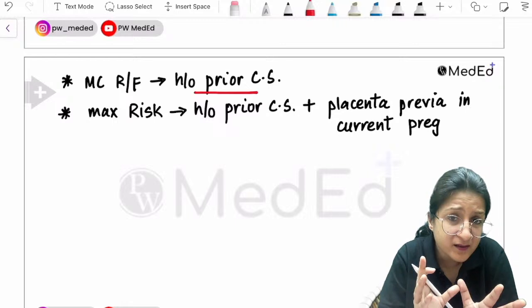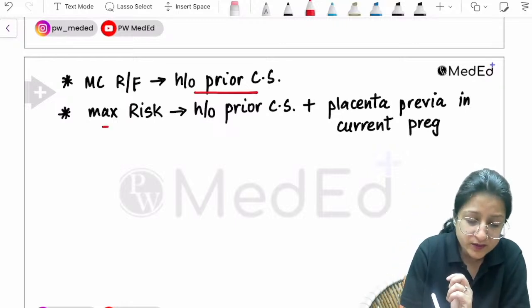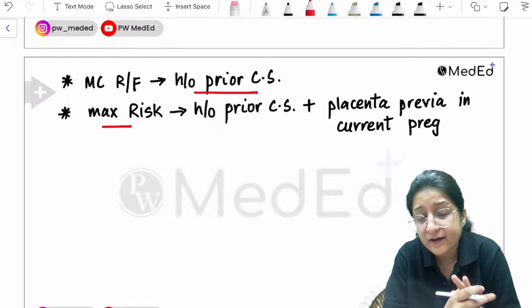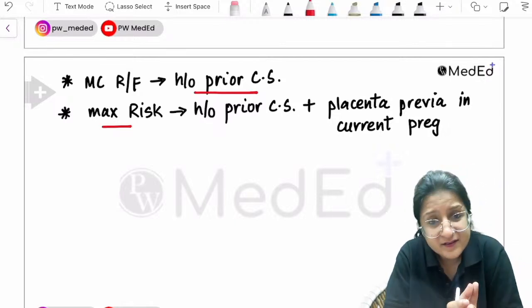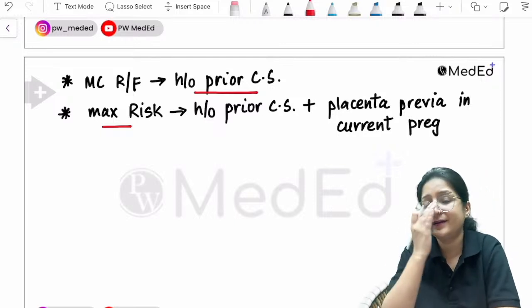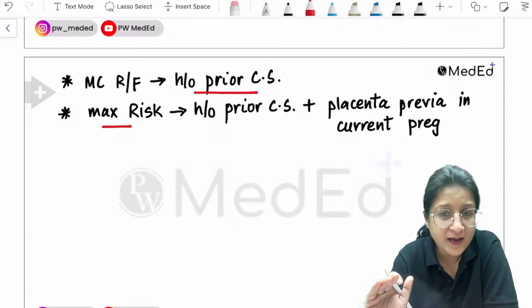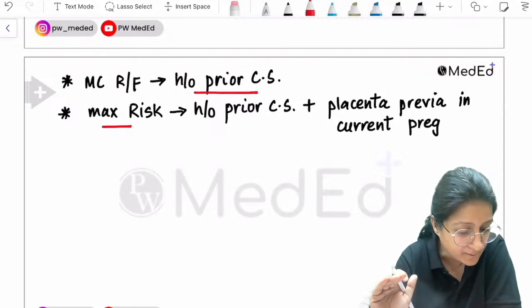So history of prior cesarean section is the most important. Then they ask you in which situation is maximum risk there. So there is history of prior cesarean section in a patient, plus this time she has placenta previa in the current pregnancy, then this situation is the maximum risk for having a morbidly adherent placenta.